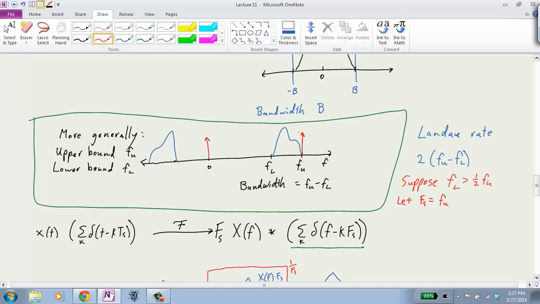Our sample rate is here. But watch what happens when we copy this spectrum. I'm going to use green for the copies. I take that whole spectrum, which is not drawn very symmetrically, but anyway, take the whole spectrum and center it now over here at FU. And the other copy goes right here.